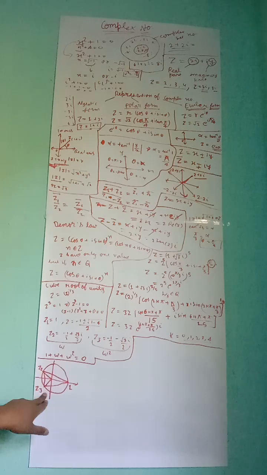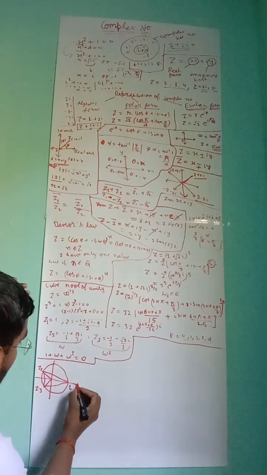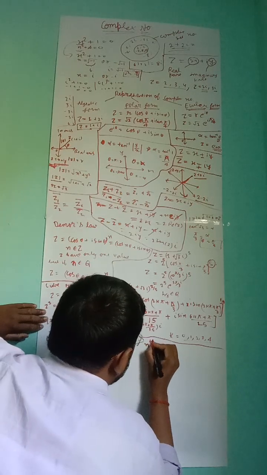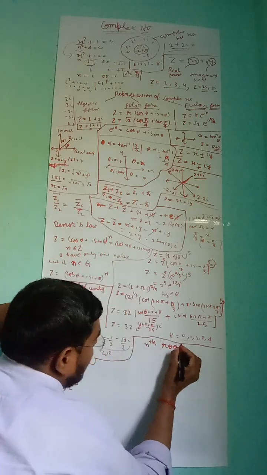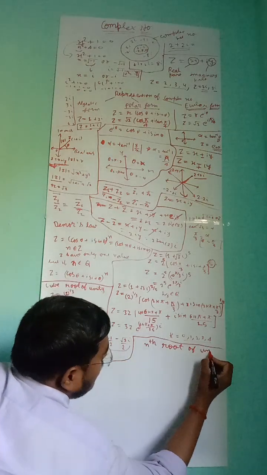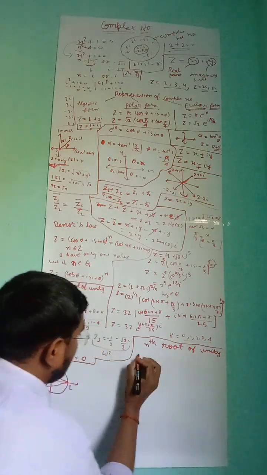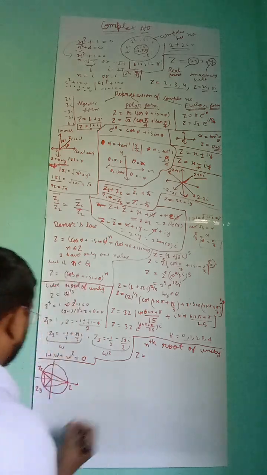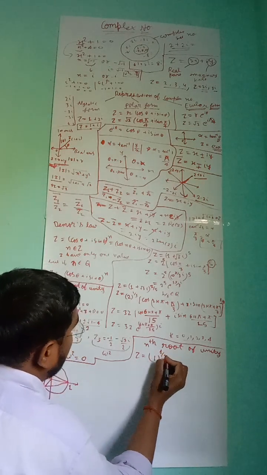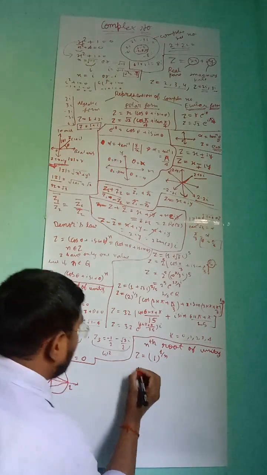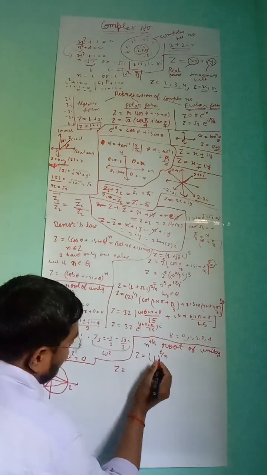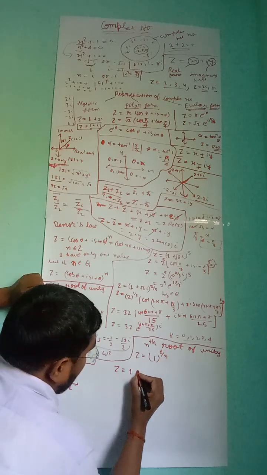So now let's understand nth root of unity. My Z is equal to 1 power 1 by n here. So now write in polar form. What is my r here? r is my 1.